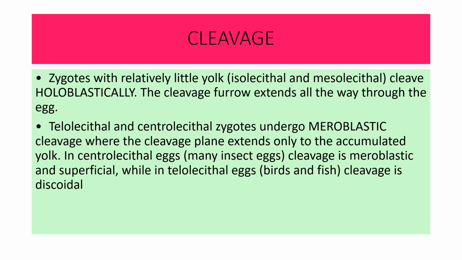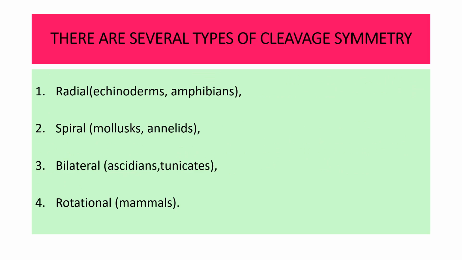The cleavage furrow extends all the way through the egg. Telolecithal and centrolecithal eggs undergo meroblastic cleavage, where the cleavage plane extends only to the accumulated yolk. In centrolecithal eggs, cleavage is meroblastic and superficial, whereas in telolecithal eggs, cleavage is discoidal.